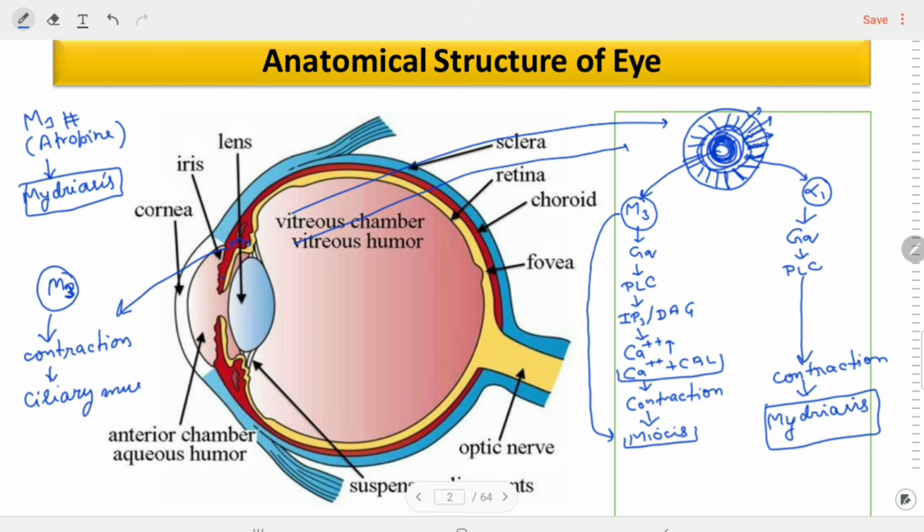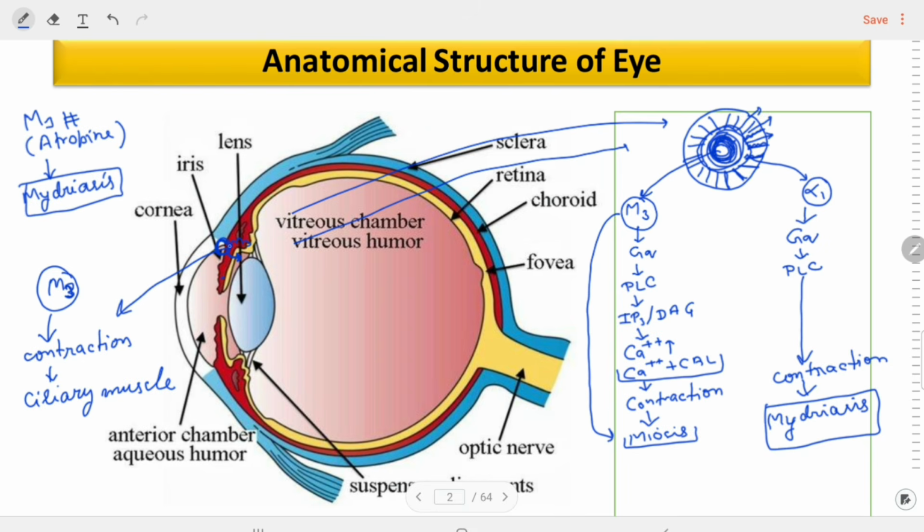Remember one thing here: whenever the ciliary muscle contracts, the contraction causes this portion to move in this direction. When this portion moves in this direction, this place becomes more free or wide, and that is the place where the trabecular meshwork is present.